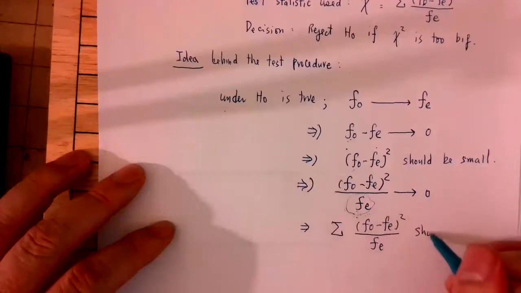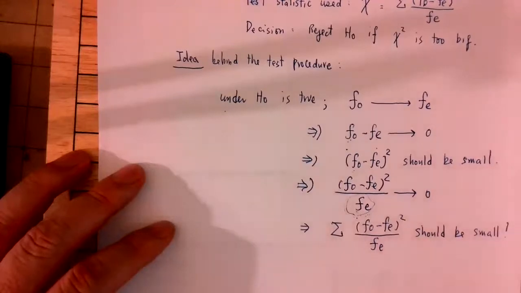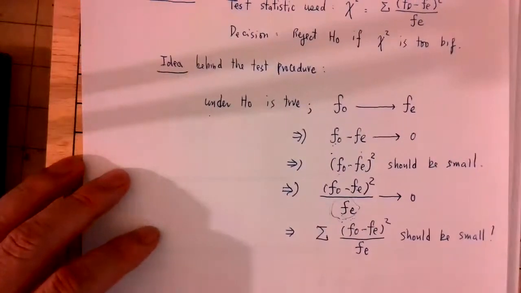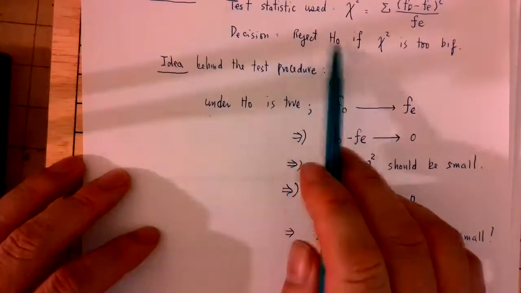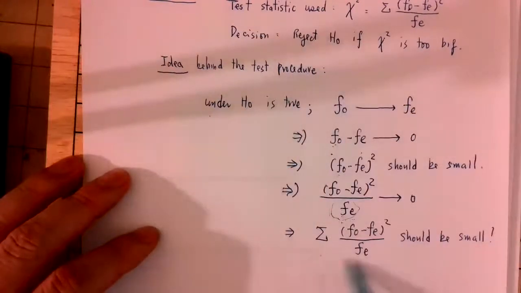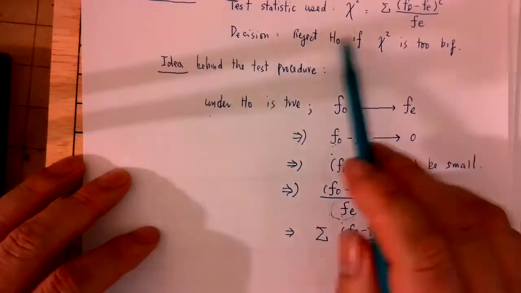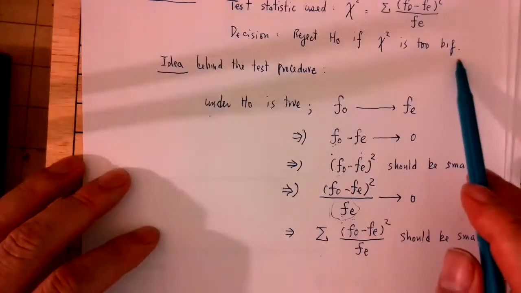Should be small. So if you see otherwise, you are not going to believe H0 is true. You're going to reject H0. Because under H0 true, you expect to see this number small. If you see this number is too big, you are not going to believe H0 is true.